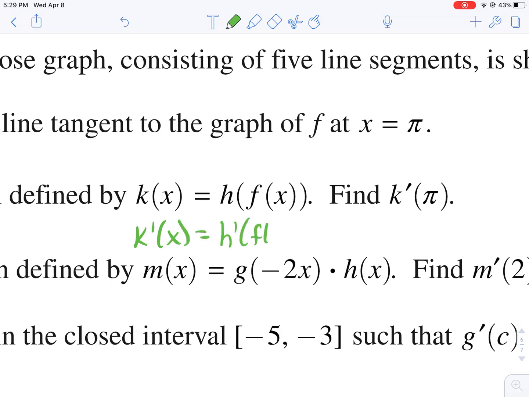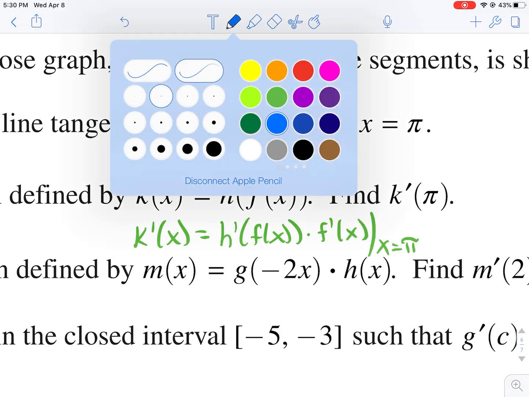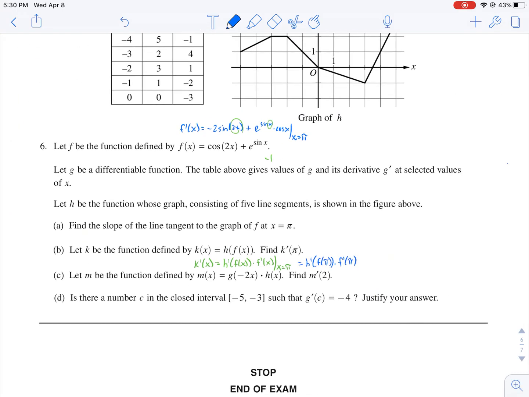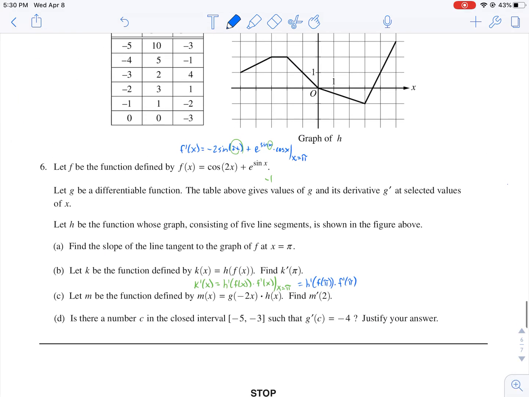Derive the outside, h prime, keep the inside the same, times the derivative of the inside. Evaluate this at x equals pi. And what we need now is h prime of f of pi times f prime of pi. So we got to find f of pi. F is this function that we were given.